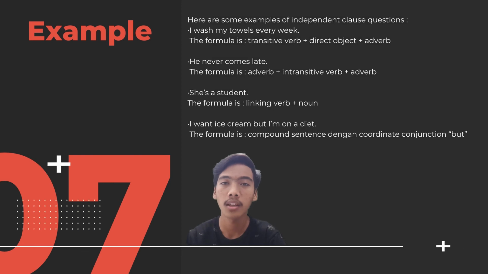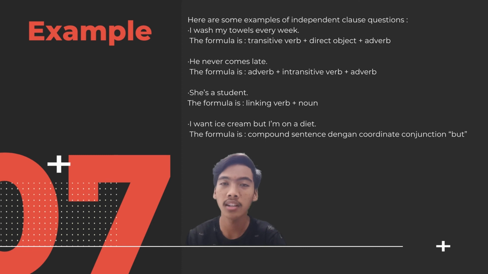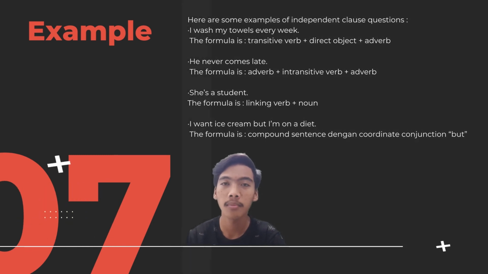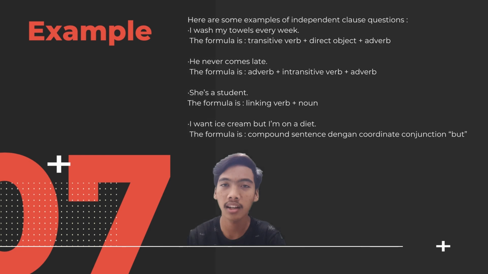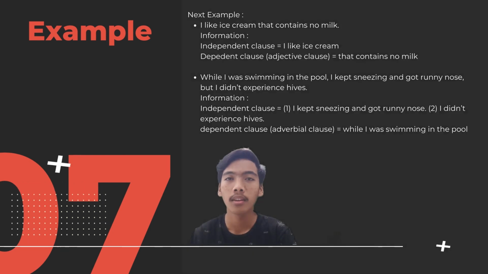Number 3. She's a student. The formula is linking verb plus noun. Number 4. I want ice cream but I'm on a diet. The formula is a compound sentence with the coordinating conjunction but.